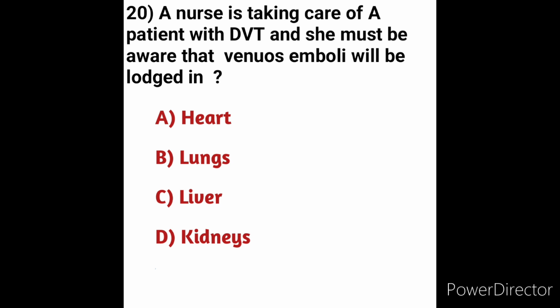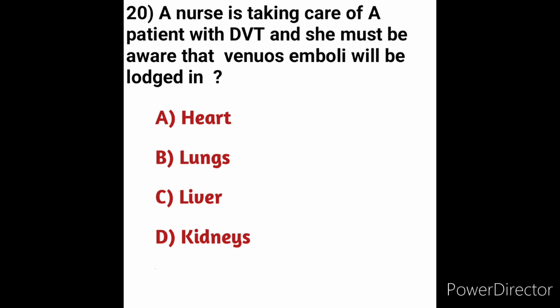A nurse is taking care of a patient with DVT, deep vein thrombosis, and she must be aware that venous emboli will be lodged in which organ of our body.